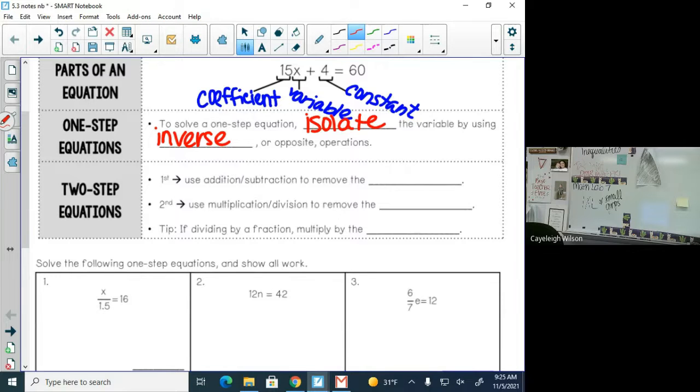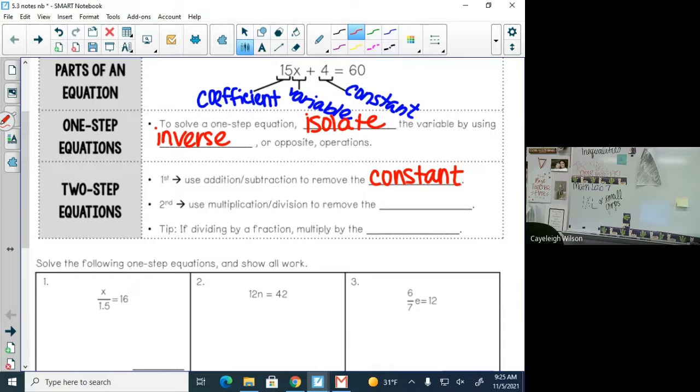Okay, so with two-step equations, you're always going to undo the addition or the subtraction first, and that removes the constant. So I always want to undo the addition or subtraction first. After I undo the addition or subtraction, I undo the multiplication or division.